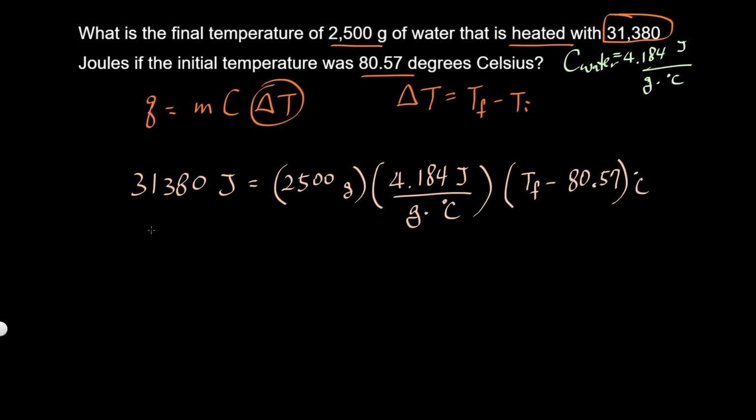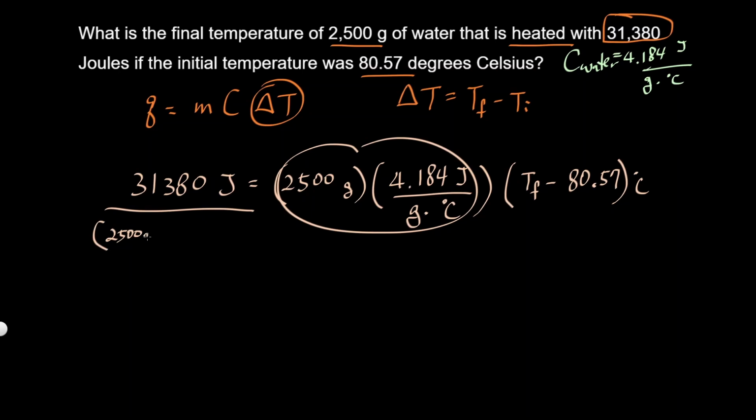If we find T final, it's going to be in Celsius. I'm going to divide these two terms, so it's 2500 grams divided by 4.184 joules over grams, then Celsius. Before that, let me cancel Celsius out, but T final is going to be a numeric value in Celsius.